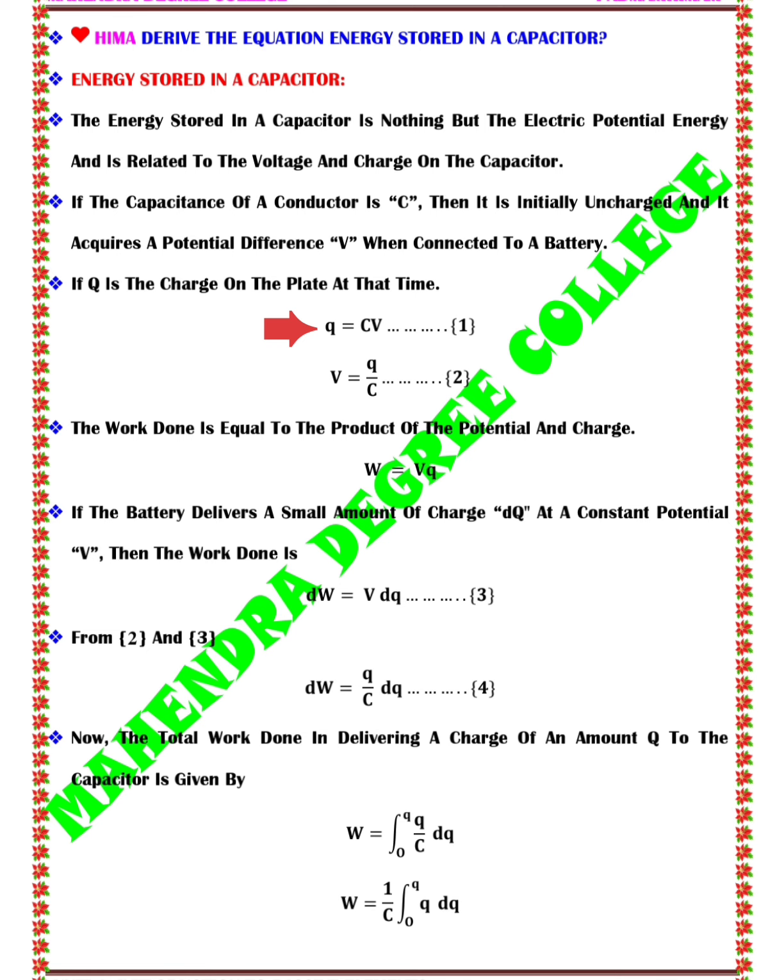Capacitance is measured in farads. V represents the potential difference or voltage applied across the capacitor's plates. This is the electrical pressure that drives the flow of charge. Voltage is measured in volts.